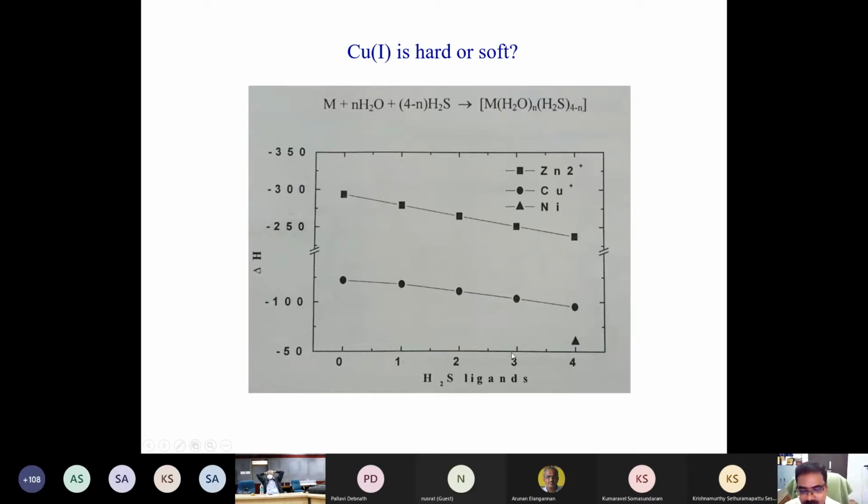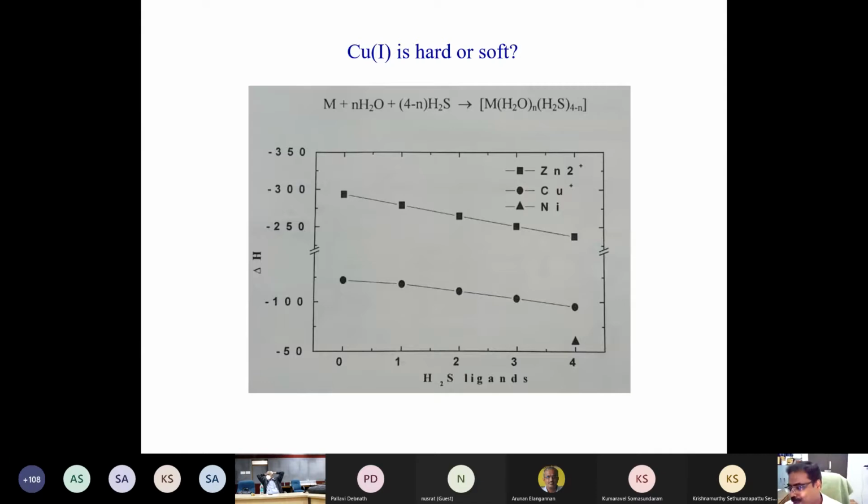But in this case, we can see that as we increase soft coordination, by adding a sulfur-coordinating ligand rather than H2O, the net stabilization energy goes down. That means copper-1 prefers soft ligands. And also, there should be at least 1 or 2 hard ligands around it. That means copper-1 is not fully soft. Again, it doesn't take 4 water molecules around it, and thus it also tells that it's not a hard metal center. So we can say probably it's a borderline case.